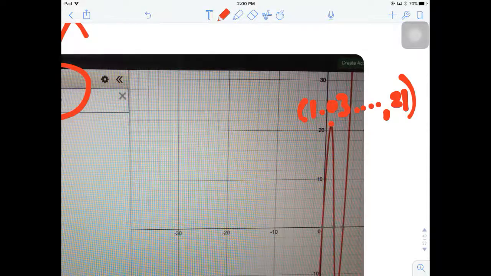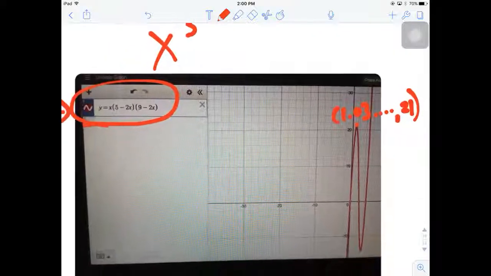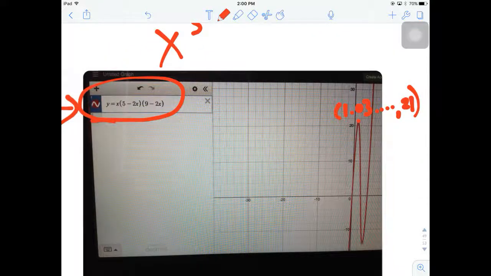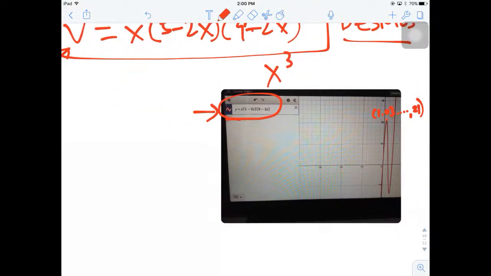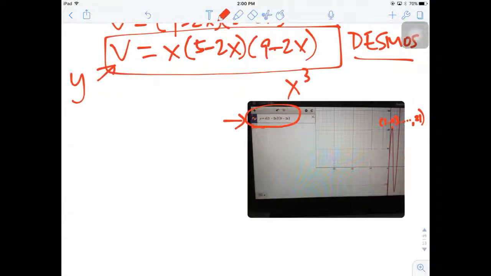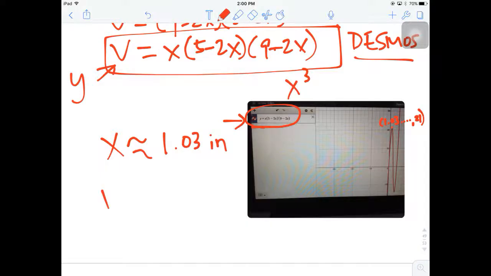So go ahead and do this in your Desmos. This tells you that the maximum here gives a volume of 21 cubic inches. So the actual length of x should be approximately 1.03 inches, which will give you a maximized volume of about 21 cubic inches.